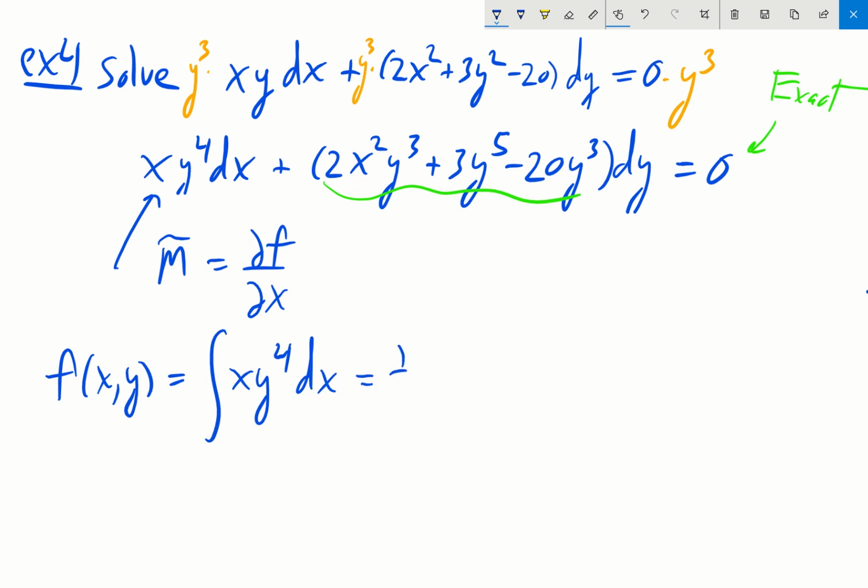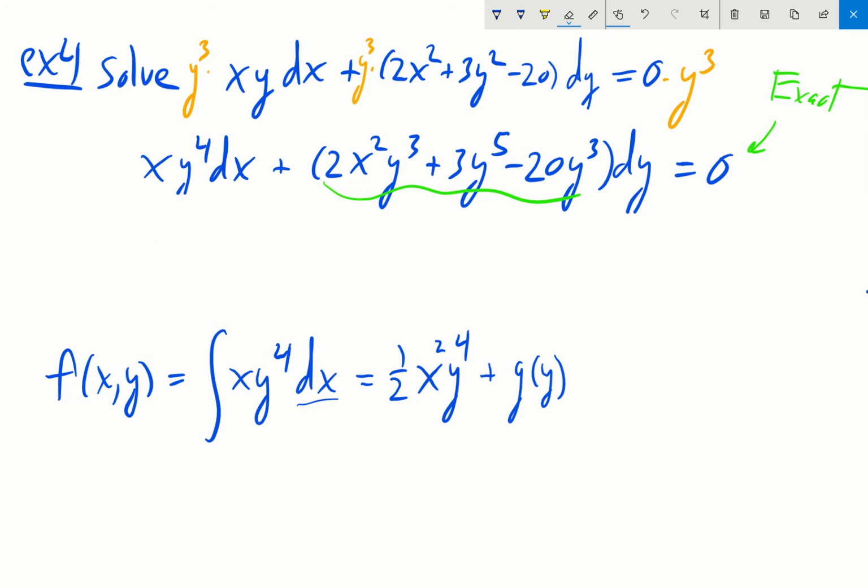If we do that, that's going to give us 1/2 x squared y to the fourth. And then, because we're integrating with respect to x, we could get some function, and we call it g of y. So we now know f of x, y up to a constant of integration g of y.